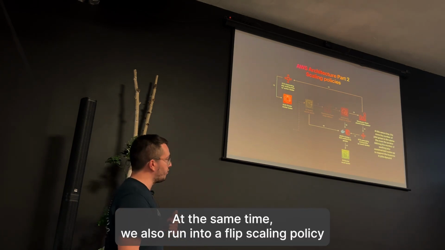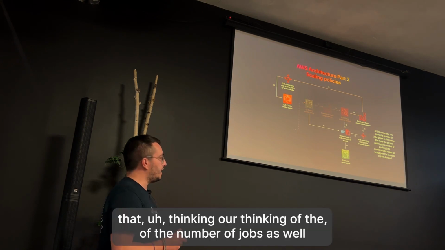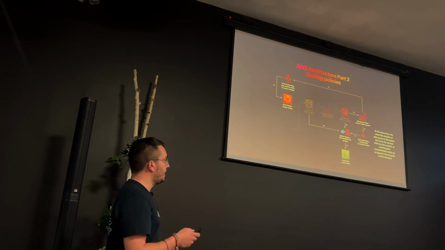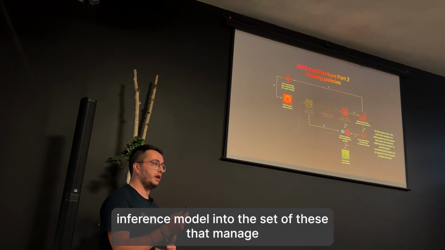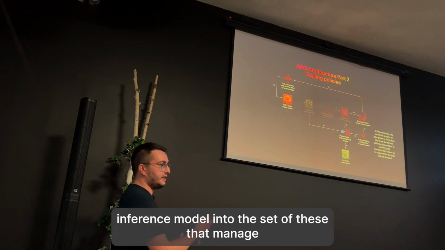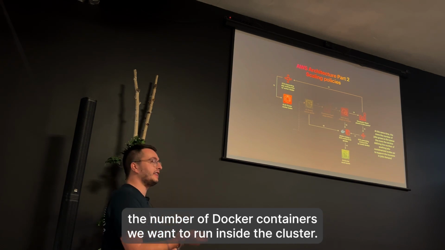At the same time, we also run a step scaling policy that, taking note of the number of jobs as well, scales up the number of inference models in the service that manages the number of Docker containers we want to run inside the cluster.